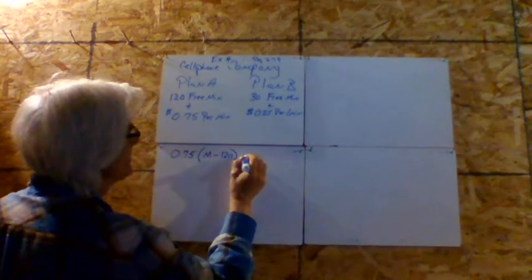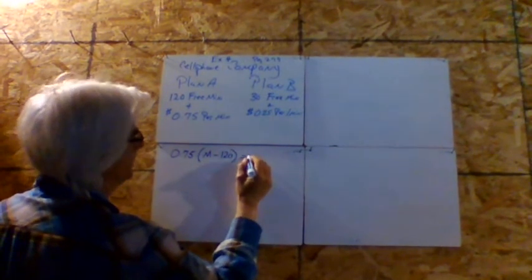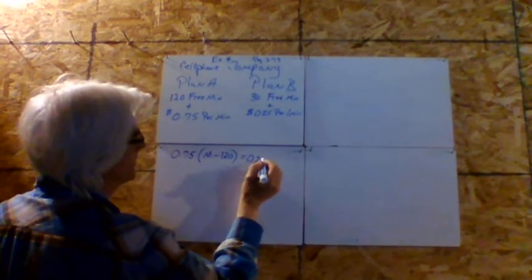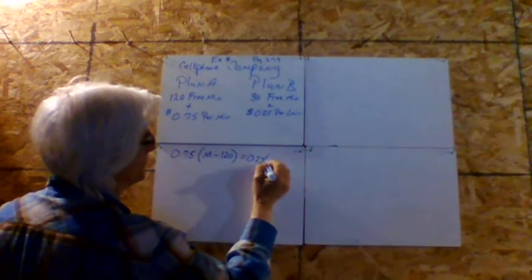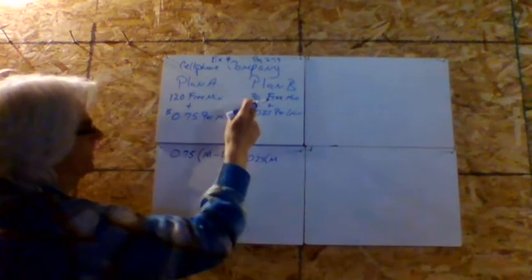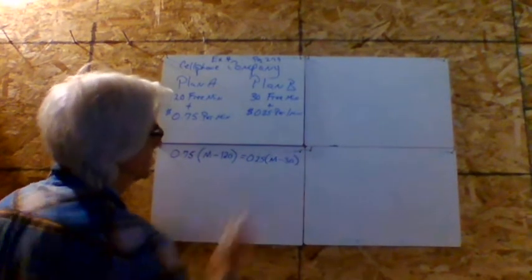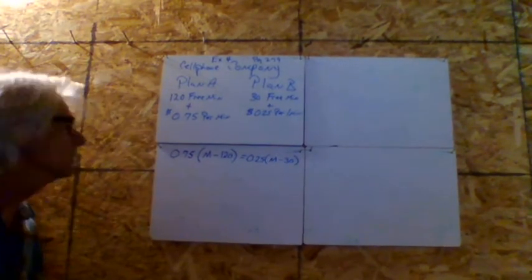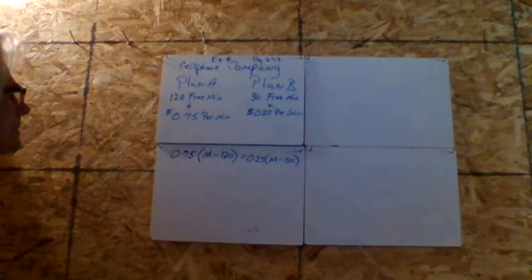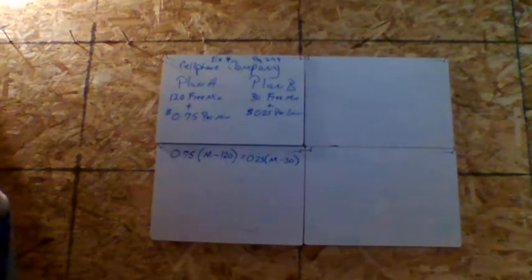That's for the 120 free minutes. The same thing for Plan B. I'm going to have 25 cents per minute, and I'm going to have to take away 30 of the minutes that I use. So that would be modeling my equation.